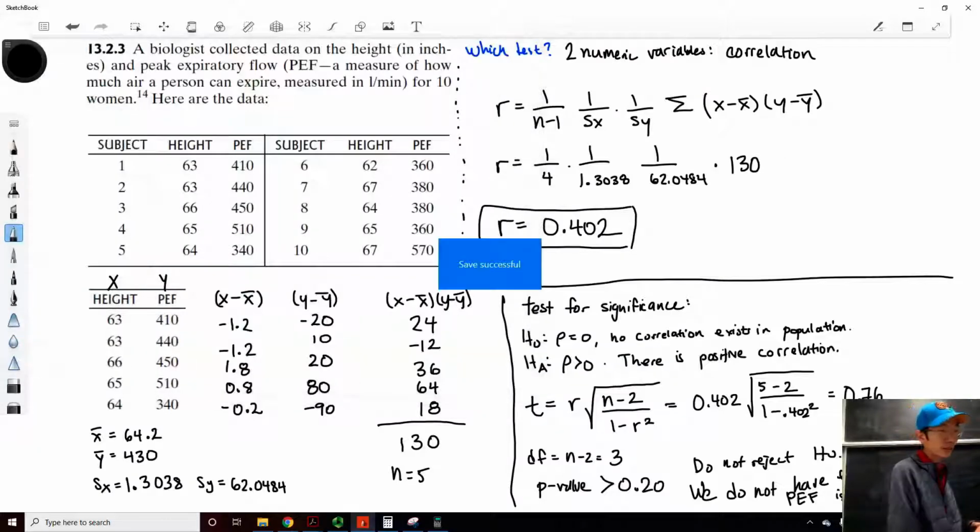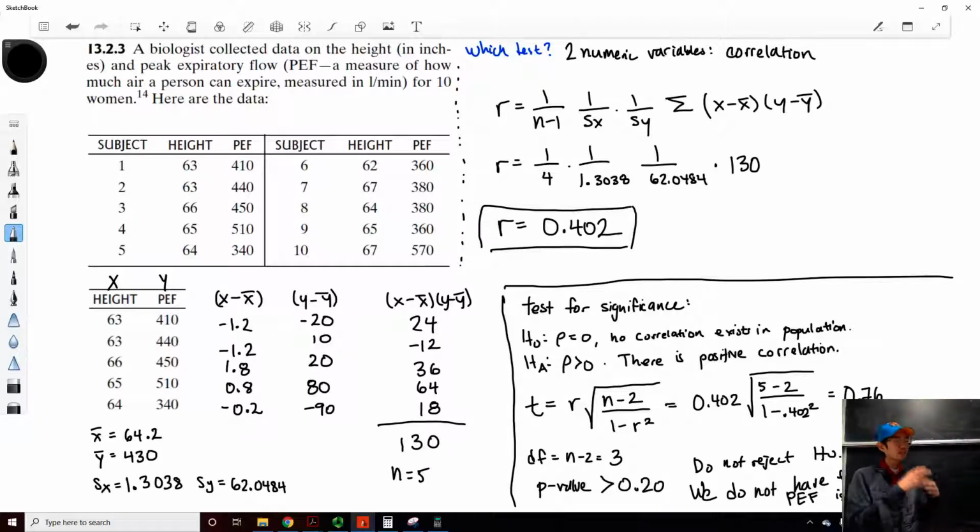If we looked at all 10, maybe there's a relationship. And if we looked at more people, I'm pretty sure there's going to be a relationship between height and basically lung capacity here, how much air you can breathe out in a minute.